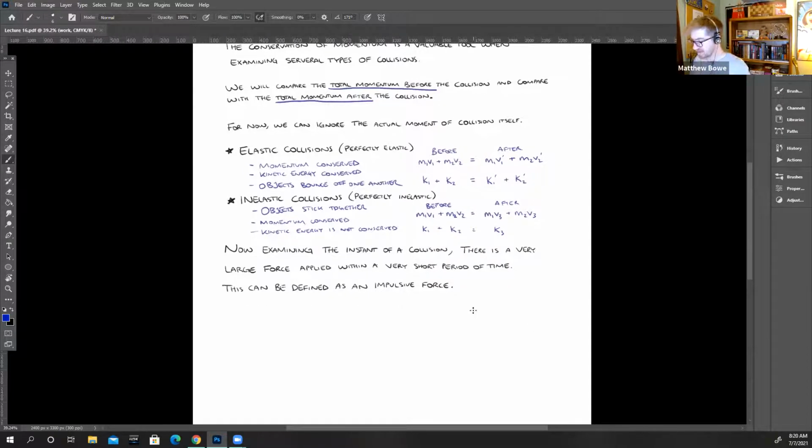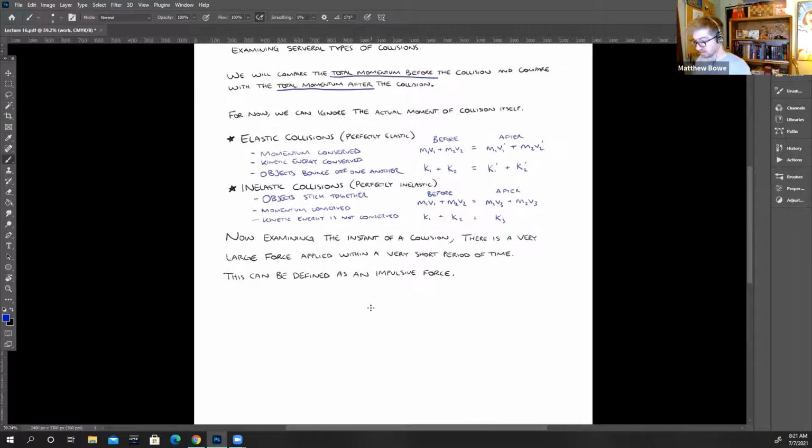So we want to look at this impulsive force. It'd be valuable to know how much force is being delivered at the point of impact. You can do some analysis on whether a material is strong enough to withstand something that's being hit or changing direction suddenly, applying a very sharp force.